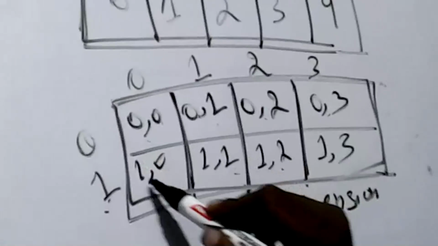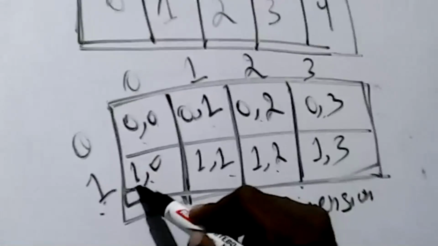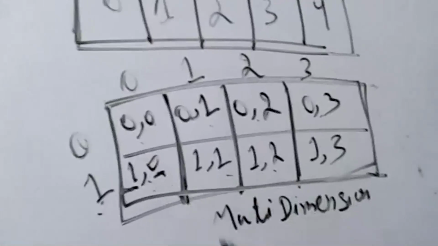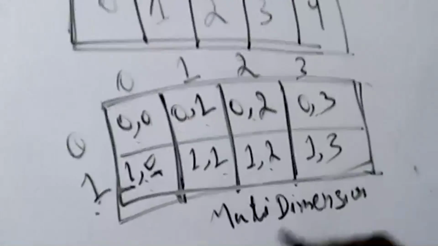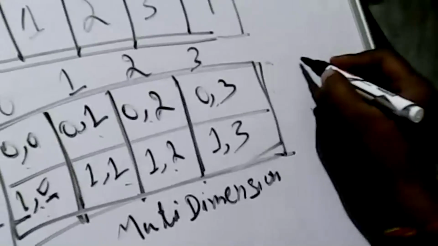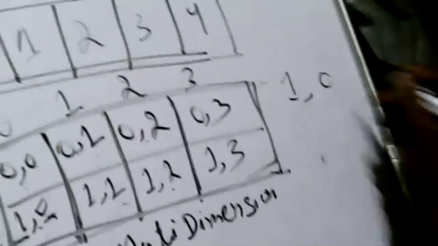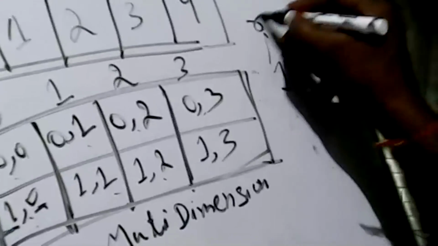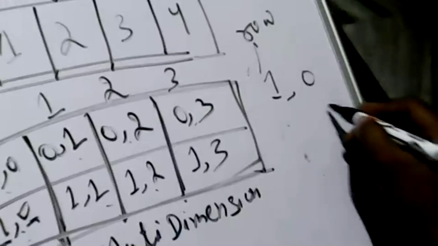Here the first number represents the row, and the second represents the column. Suppose you write 1, 0: that means 1 represents the row, and 0 represents the column.